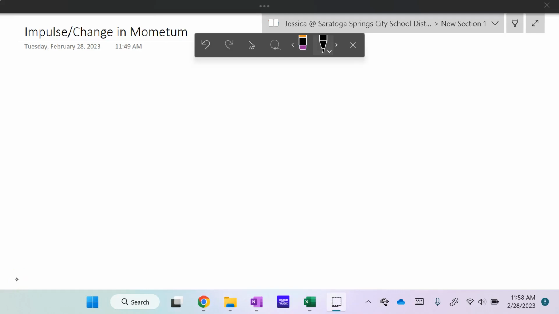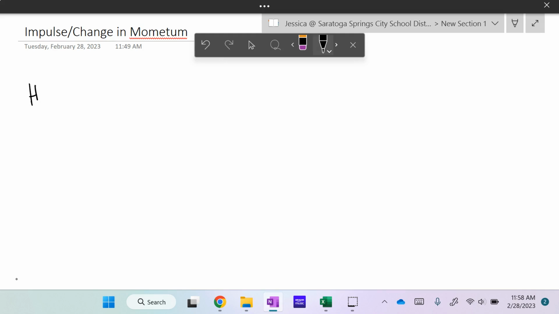Okay, so this video is going to be all about impulse, which is just another name for change in momentum. So let's think for a second about how we change velocity. Let's say I have a cart that's moving with a speed v, and I want to change that cart's velocity.